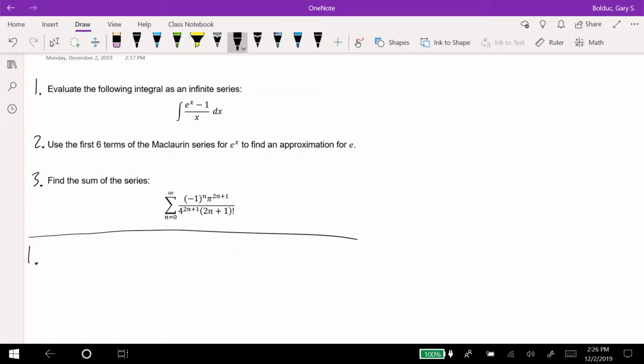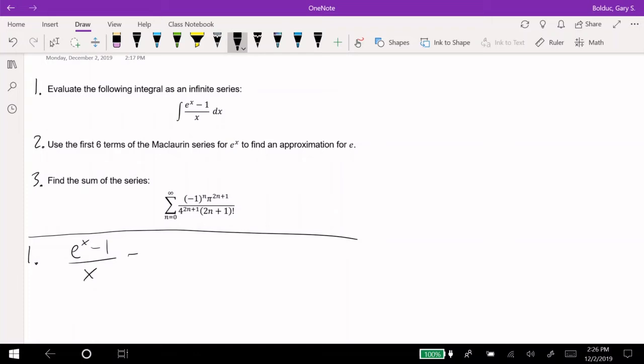So we're going to start with number 1, where I'm going to ask you to evaluate the integral as an infinite series. So looking at this, we might think maybe we could try to do this using techniques that we have from earlier in the class, but instead we're just going to use power series. So the way we do that is we have to break up the integrand into pieces that we can actually get a power series out of.